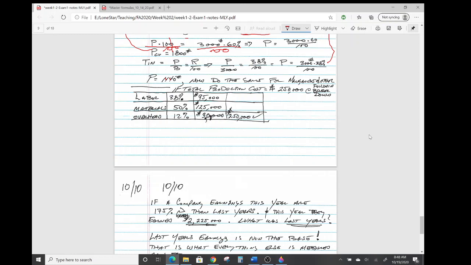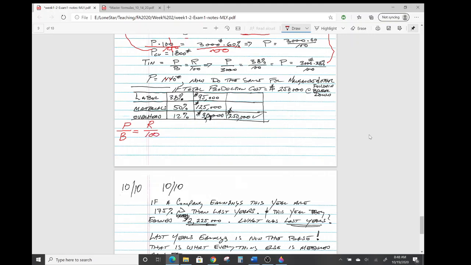And we do the same breakdown as we did up here, right? Labor was 38%, materials is 50%, and our overhead is 12%. So you do the same thing. It's P over B, the part over B equals the rate over 100.